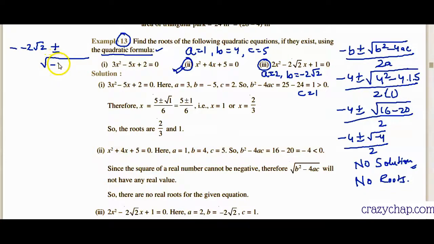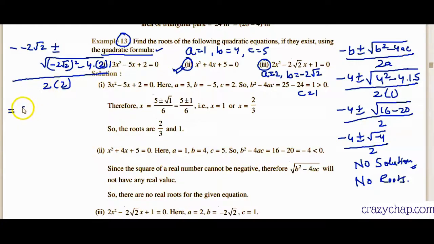So b square will be negative 2 root 2 square minus 4 times 2 times 1, right? And all over 2 times 2. I'm just plugging into the formula.